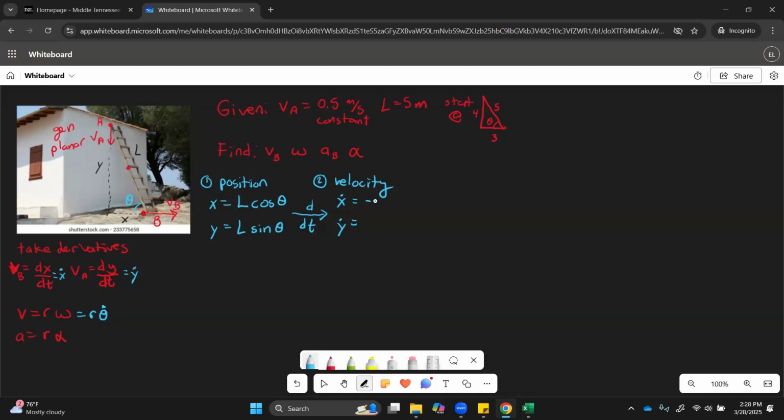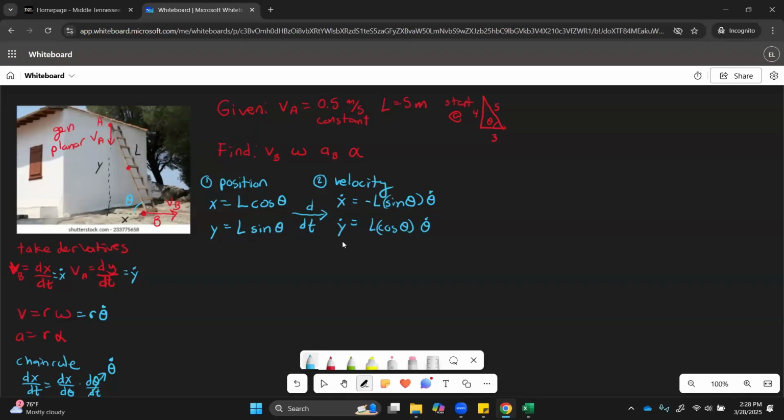So we have negative L sine theta. And then because of chain rule, the theta dot pops out. And now the y is going to be real similar. So derivative of sine is cosine. So we have y dot equals L cosine theta. And that will also be times theta dot.